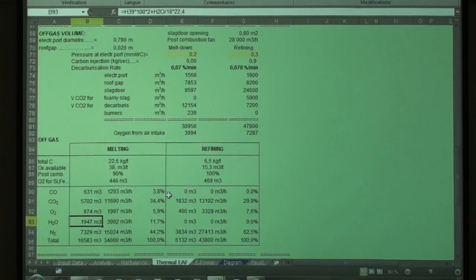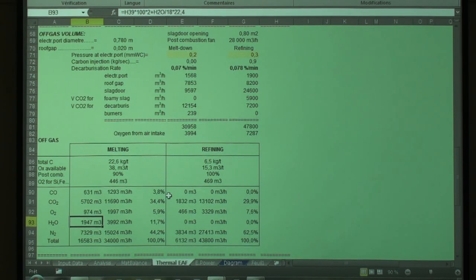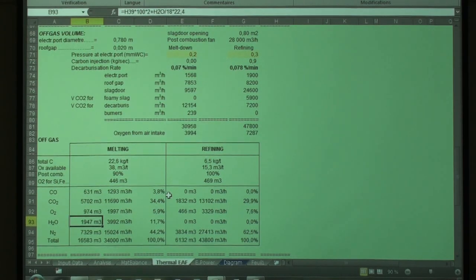I also confirmed that less consumption of oxygen can increase the yield of scrap. In Korea and Japan, the yield of the scrap is 93% to 94%. So they reduce the oxygen.